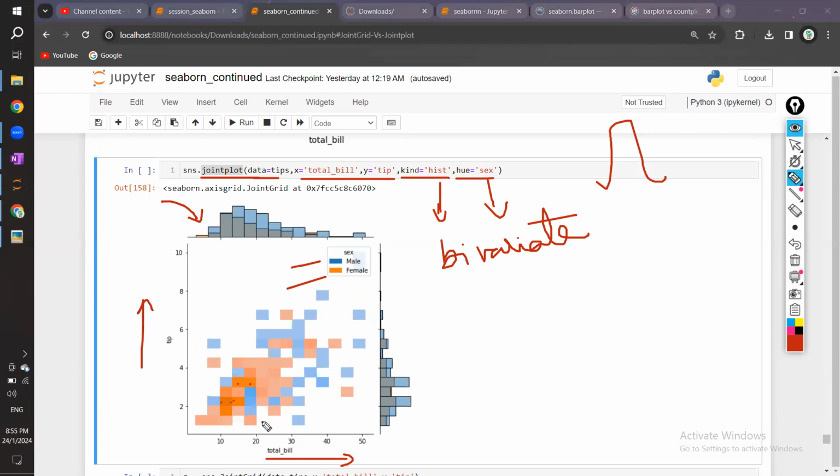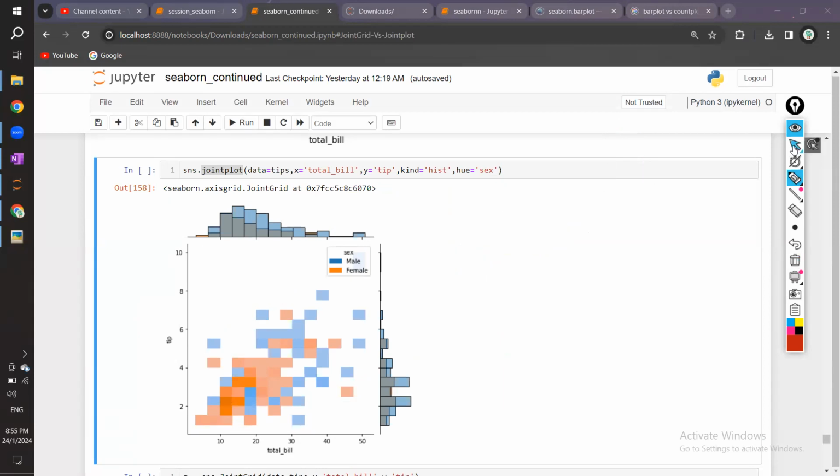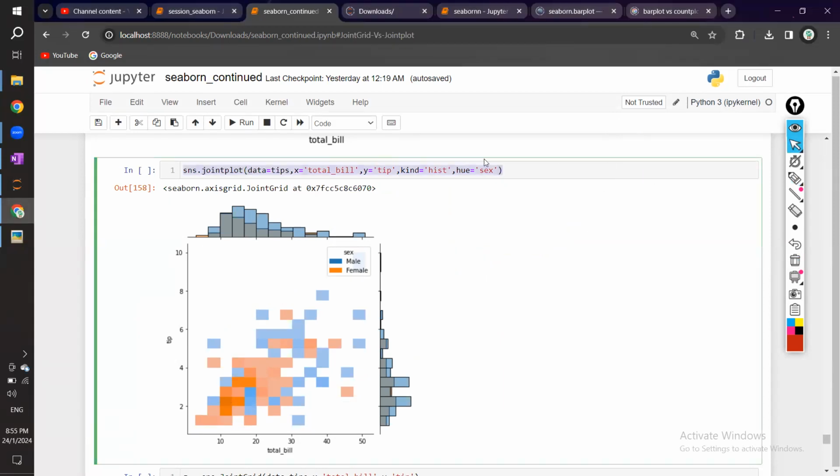So this is for only total bill segregated with male and female, and this is only the tip histogram segregated with male and female. But this is the combined bivariate histogram, where it is taking both the columns into consideration. Fine. So that's about the joint plot.